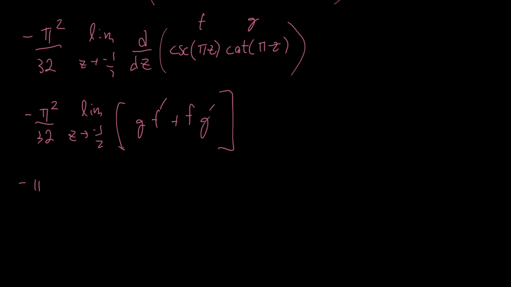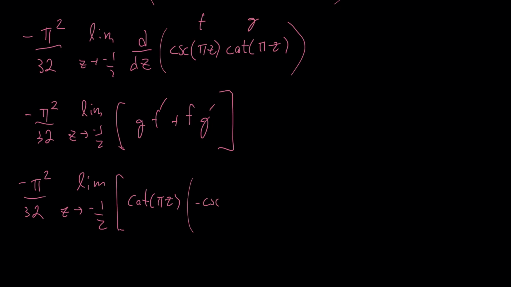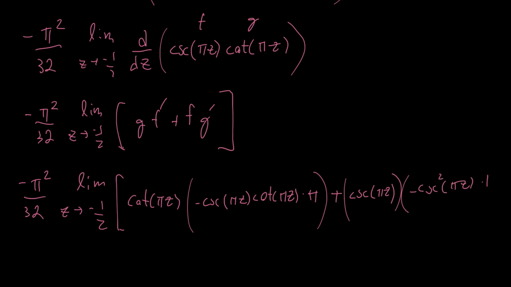So we have minus pi squared over 32, the limit as z approaches negative a half of cotangent of pi z. F prime is going to be negative cosecant of pi z, cotangent of pi z times pi, plus f, which is cosecant of pi z. G prime is negative cosecant squared of pi z times pi.